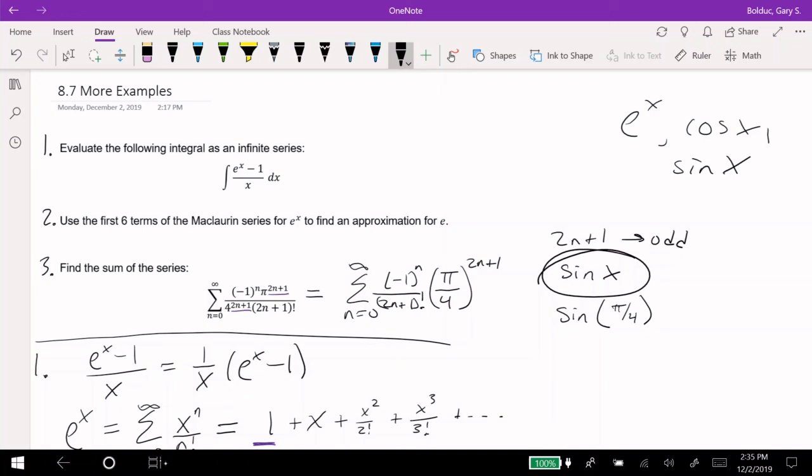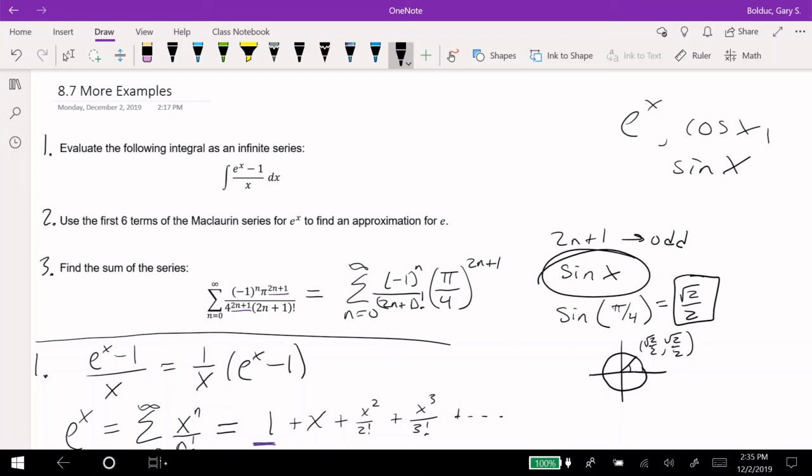Well, what is sine of pi over 4? Well, if you don't remember, always go back to your unit circle. There's pi over 4. It's 45 degrees. Little 45 degrees there. And that's root 2 over 2, comma root 2 over 2. And there you go. So that series is equal to root 2 over 2.